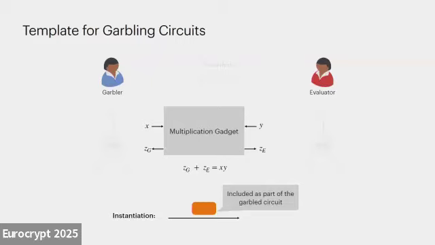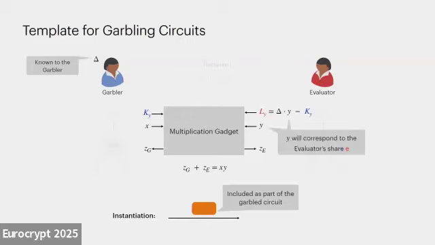But to have this single message, we need the parties to have some correlated inputs. The garbler should have shares of delta times the evaluator's input, where delta is known to the garbler. And this delta is common across all invocations of the multiplication gadget. Looking ahead, when we actually use this gadget for garbling, this y will correspond to the evaluator's share.